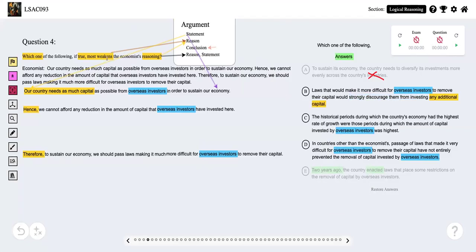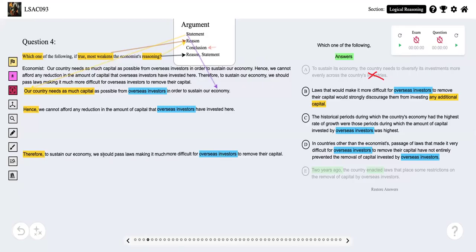So this would weaken the reasoning for the economy and overseas investors.